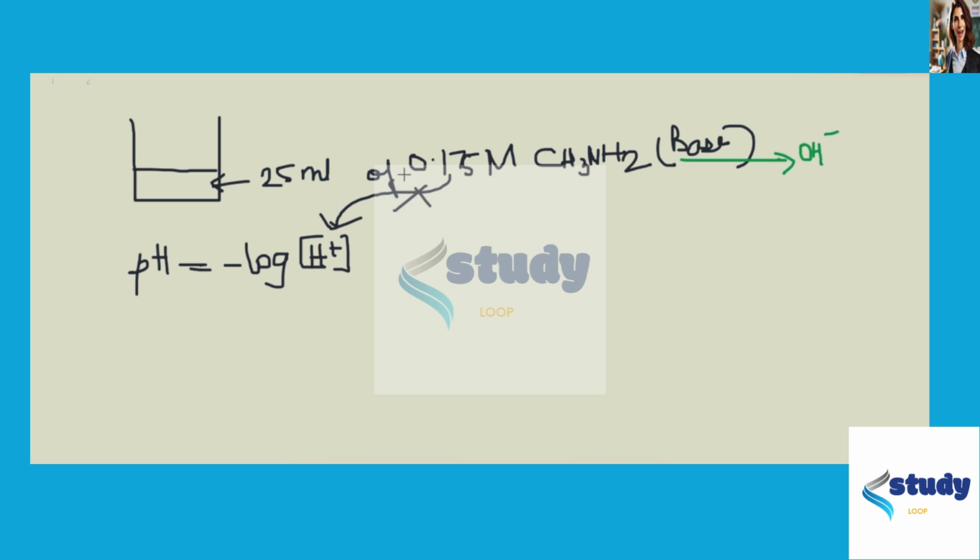So if you put this molarity here, you're getting the wrong answer. How do we calculate the H+ ion concentration? You use the ionic product of water. The product of H+ ions and OH- ions is always 10 to the power minus 14.